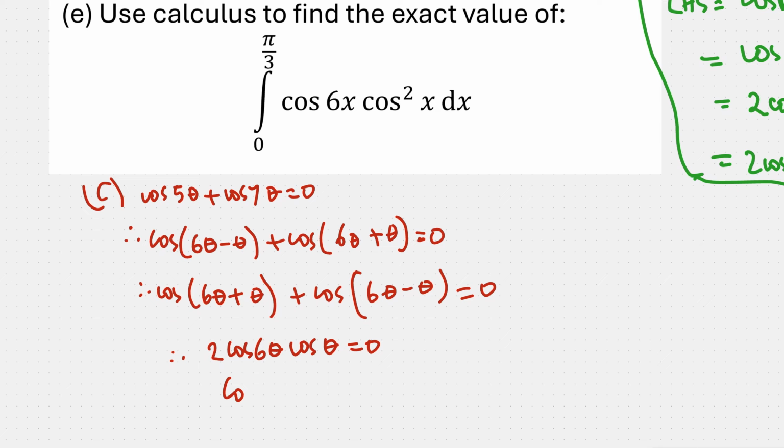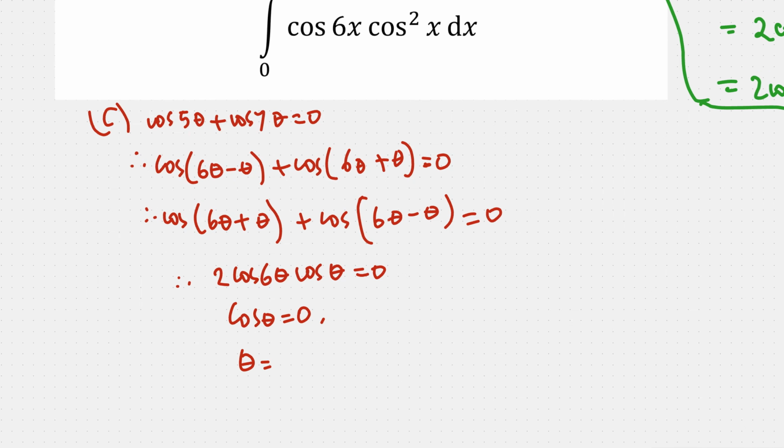So if cos theta is 0, then theta is 90 degrees, that's pi over 2. So we can't say 270 or 3 pi over 2, we can't use that here, not in this case.